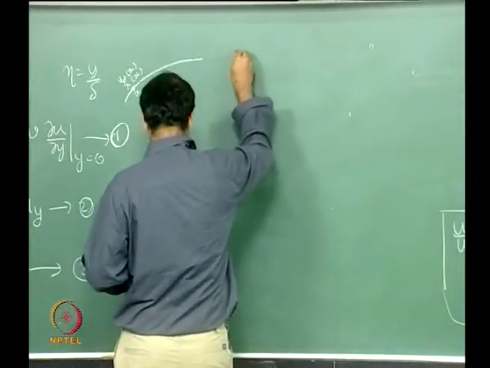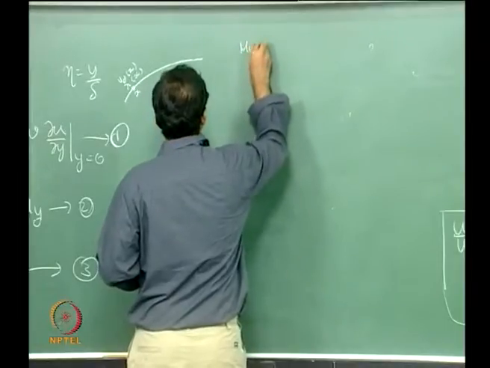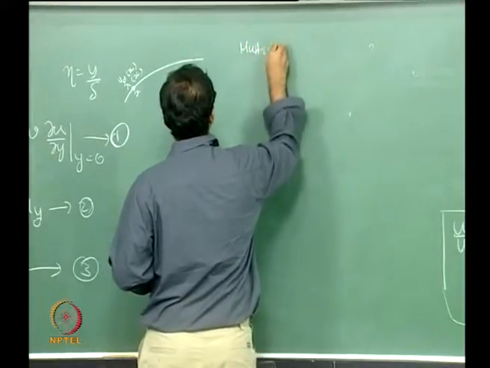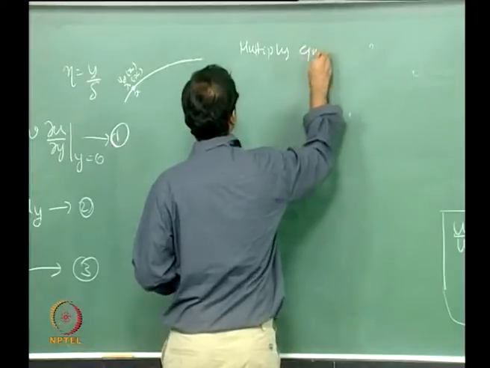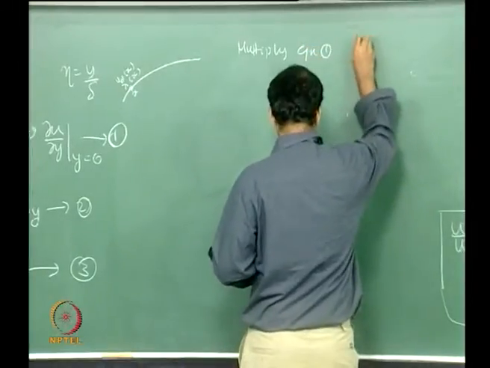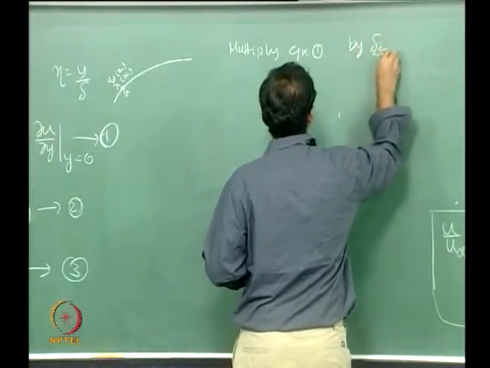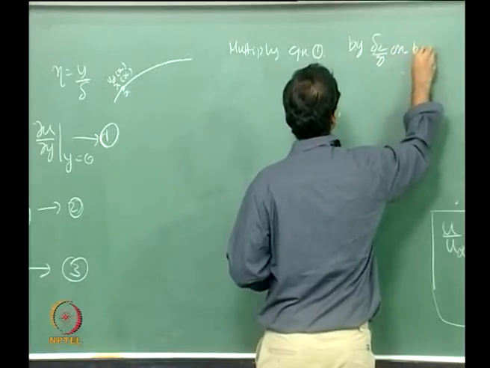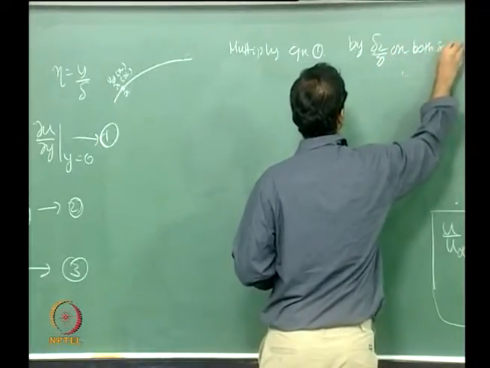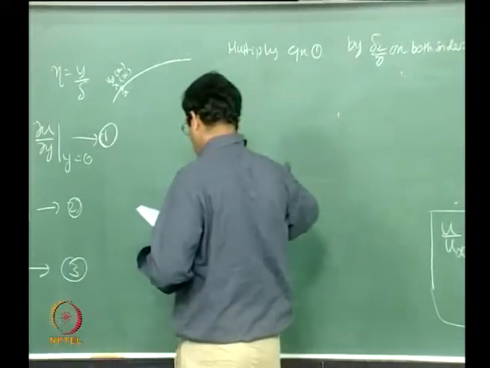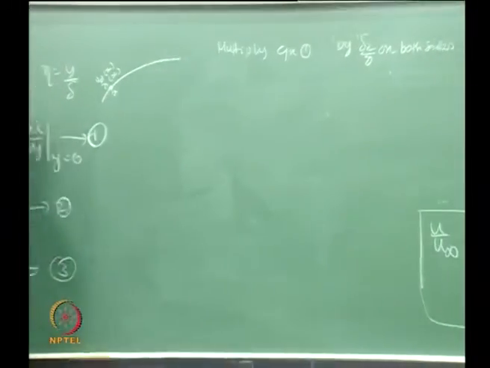So what we will do is we will multiply equation 1 by delta 2 by nu on both sides and rewrite.